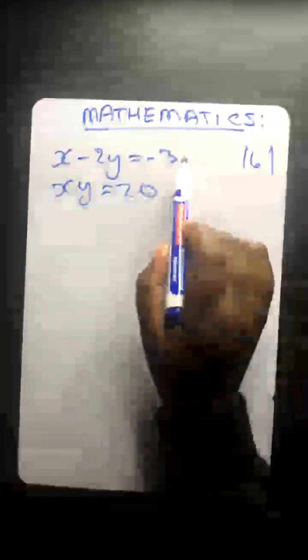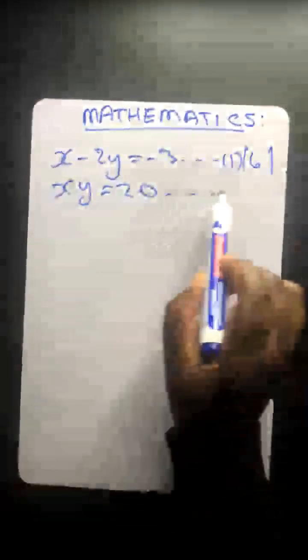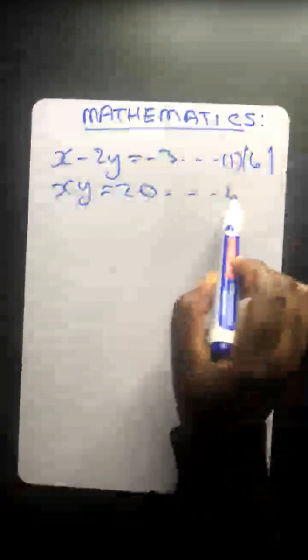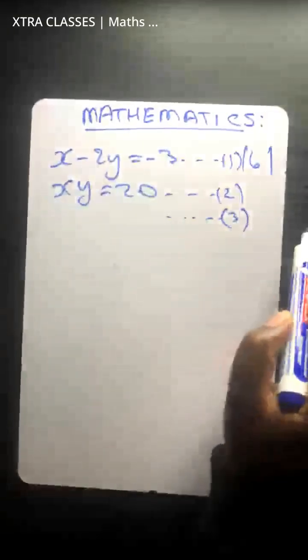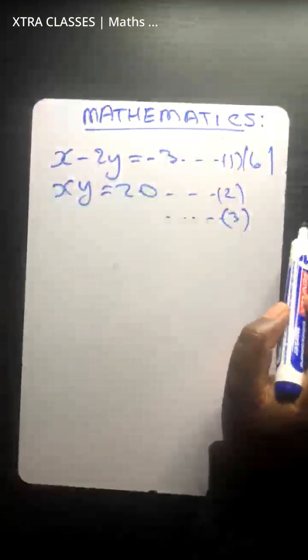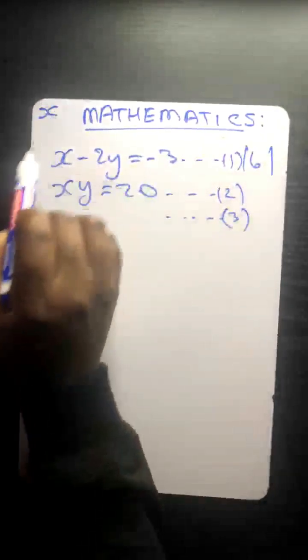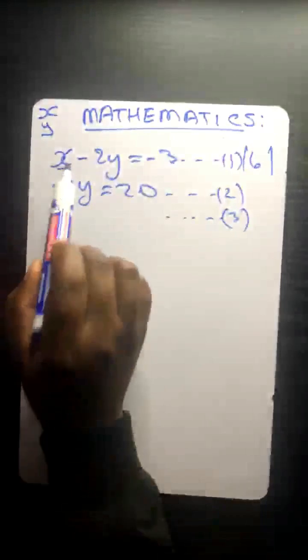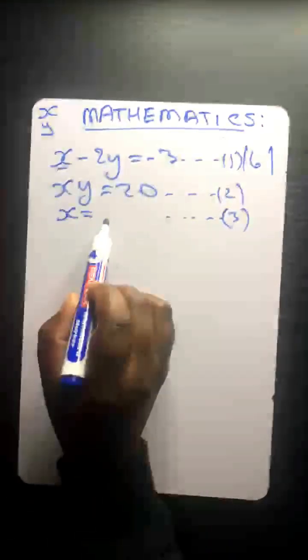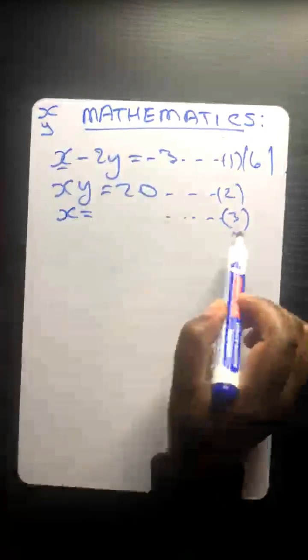So you need to decide between this one and the other one. Which one are you going to make equation number 3? Look for an equation that has x or y as just one letter, and you can see it is that one. So you can use that to derive equation number 3.